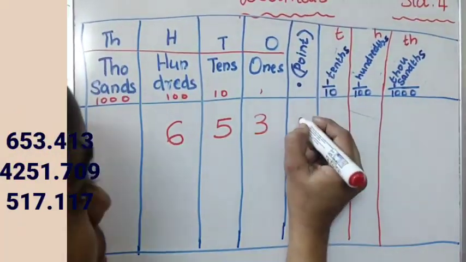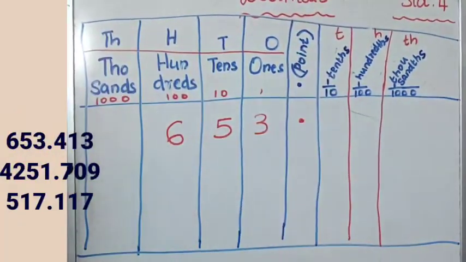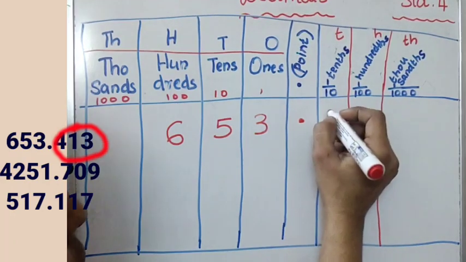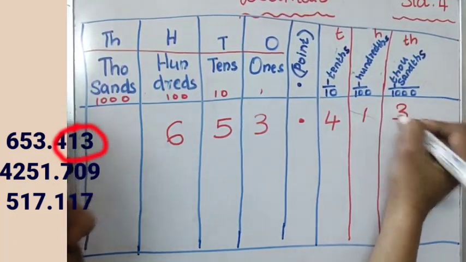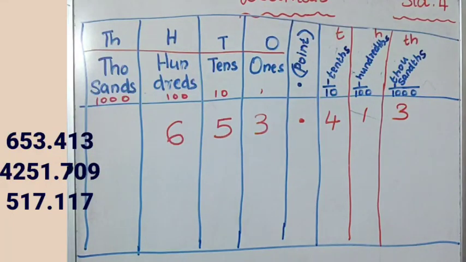Then we put the point. Then 413. After the decimal point, in the 1 by 10 place comes 4, then 1 in the hundredths place and 3 in the thousandths place.